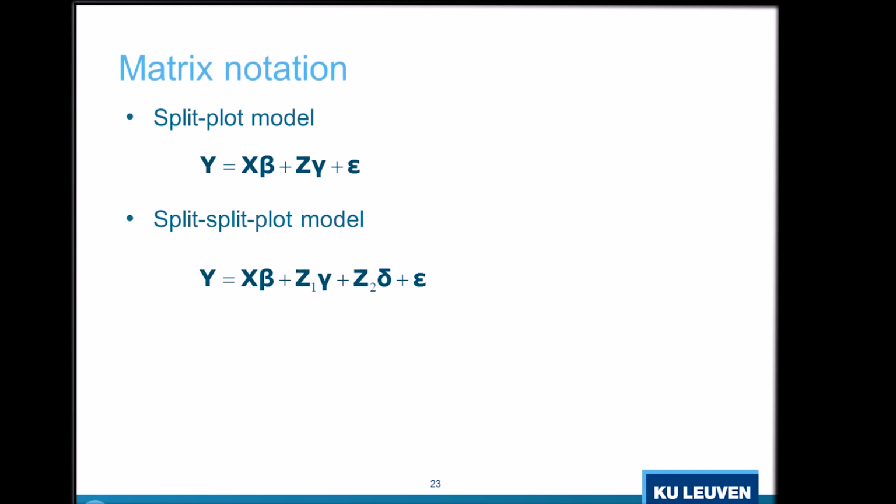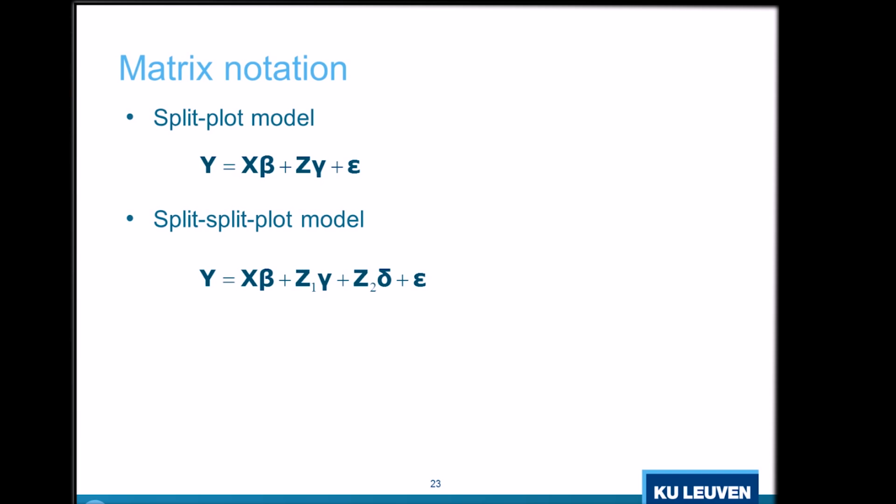Now we can also write that model in matrix notation, and that's done on slide number 23. That's the typical notation used for split-plot and split-split-plot models when you collect all the responses in a single response vector y. In the split-plot model, we have a gamma vector here, collecting all the random effects for all the whole plots.